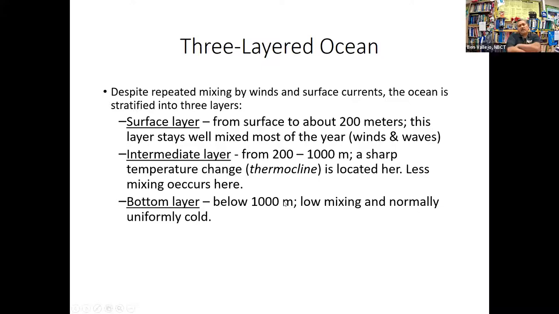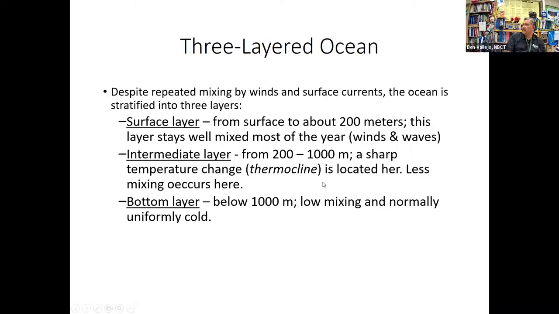The oceans go down to 4.5 miles deep. So you probably know that the deepest part of the ocean, the Marianas Trench in the Pacific Ocean, is like 36,000 feet down. That's quite a ways down.